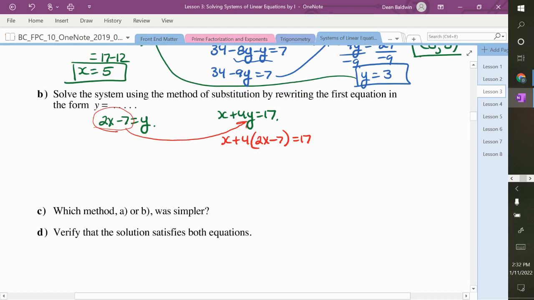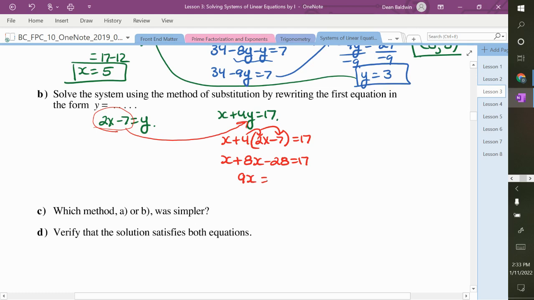And then you do the exact same thing. Expand the bracket. What's x plus 8x? 9x.